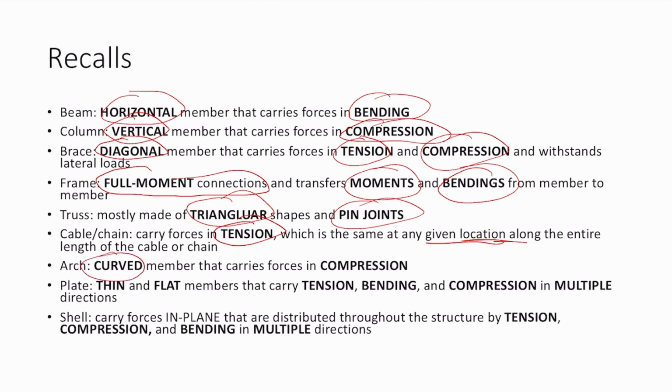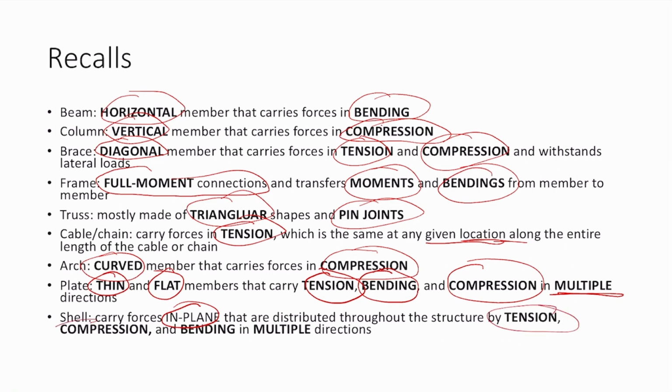They're curved members that carry forces in compression. Plate. They're thin and flat members that carry tension, bending, and compression in multiple directions. Shells. They carry forces in plane that are distributed throughout the structure by tension, compression, and bending in multiple directions.